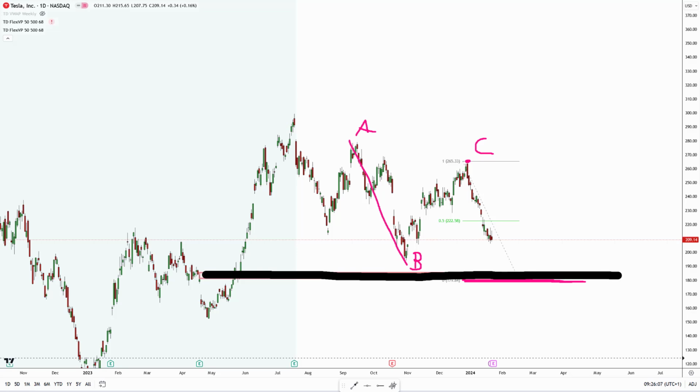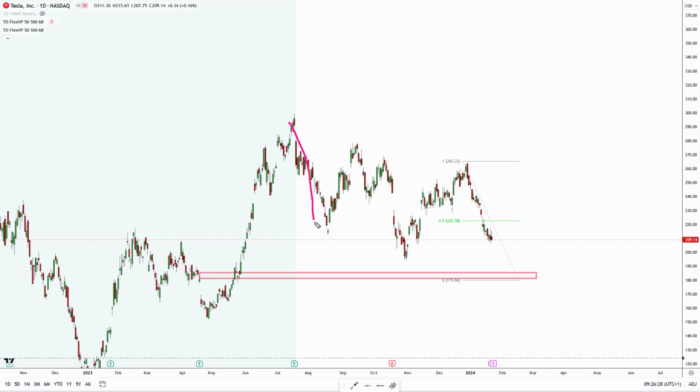Alright, so we have the ABCD setup twice, this being the D. First it's starting in here, then the second one was starting in here. In both cases it's pointing us to this level. The price is moving in nice wave-like patterns, and chances are that there'll be a reaction.